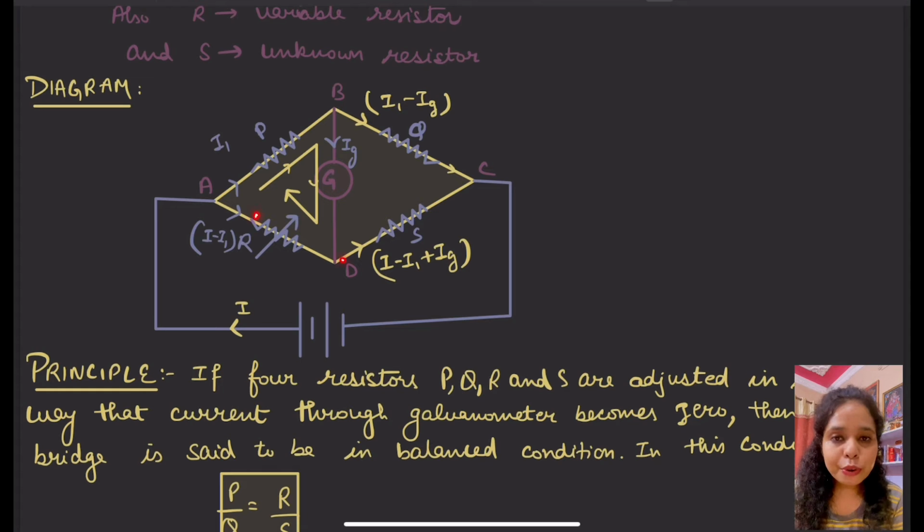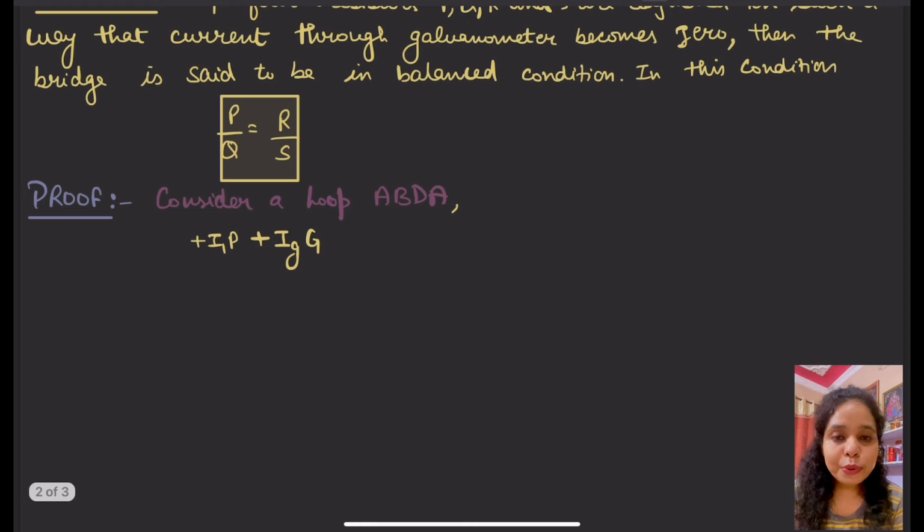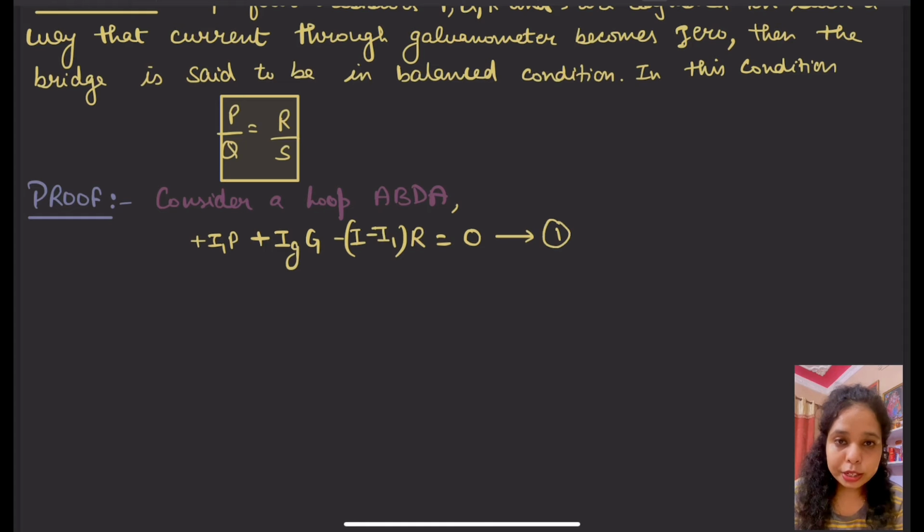Then we are moving from D to A, but I minus I1 current is flowing in the opposite direction, from A to D. Therefore it will be taken as negative. So minus I minus I1 into R is equal to 0, equation number 1. In this loop ABDA, we were having no cell in the loop. As there was no cell in the loop, therefore this equation is equal to 0.